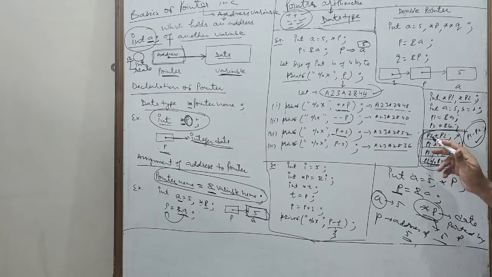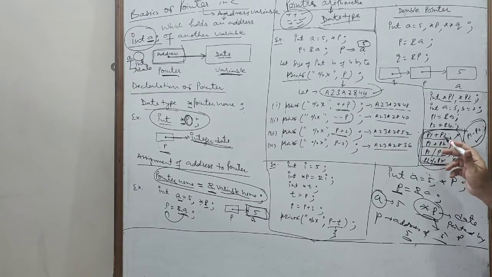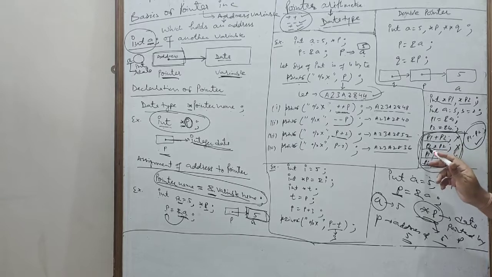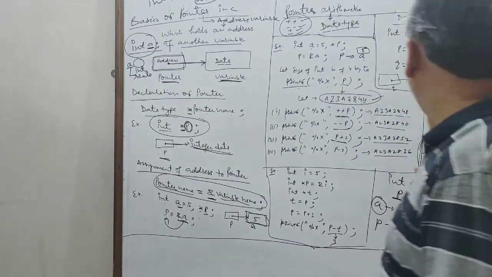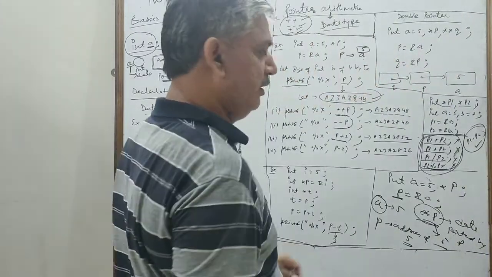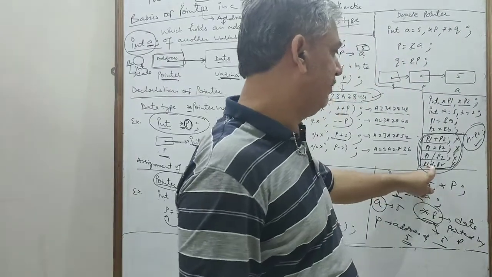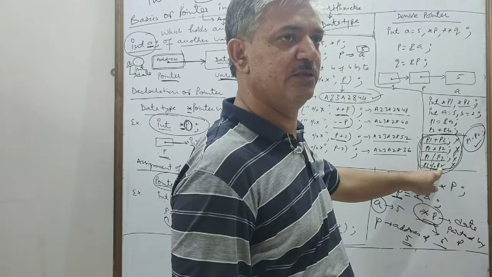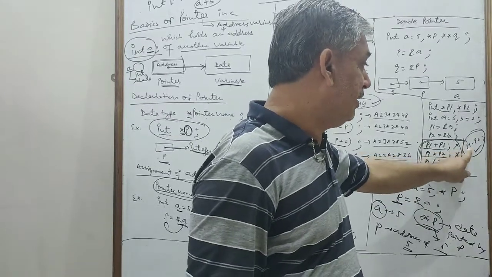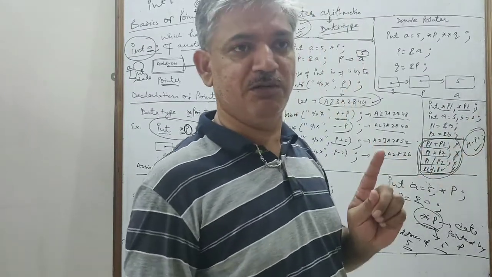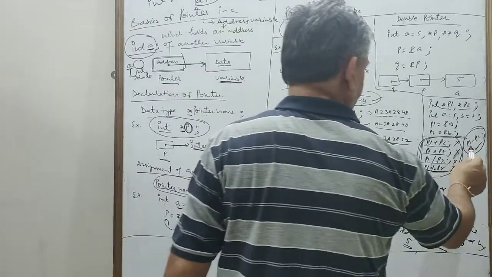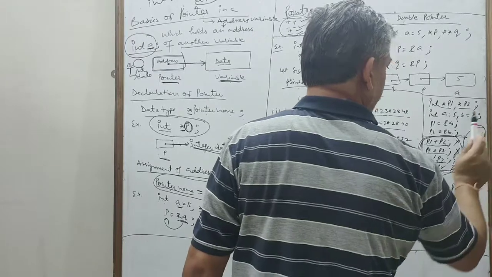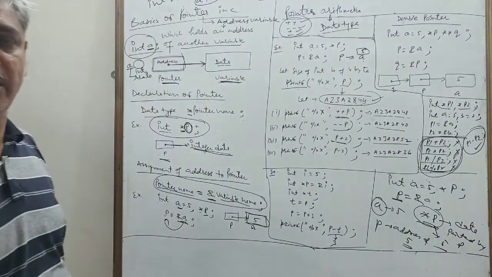It means we cannot add two pointers, nor multiply, divide, or apply the remainder operation on two pointers. But p1 - p2 is permissible. It means subtraction of two pointers is permissible. Clear?